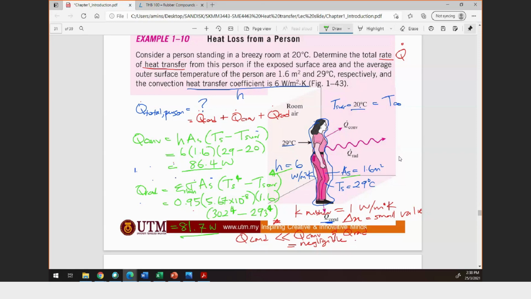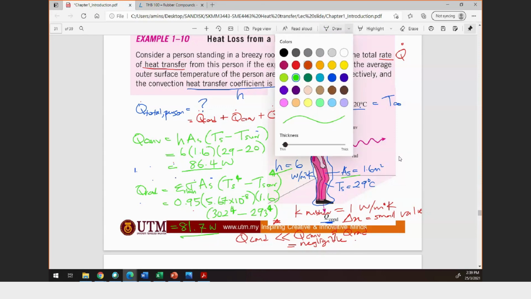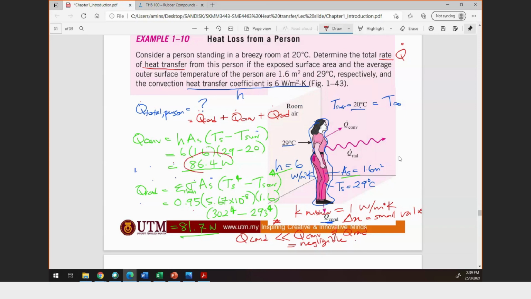They don't explain it in here, but it can be neglected. But Q radiation and Q convection are comparable, in the same magnitude: 86.4 by the convection and 81.7 by the radiation.